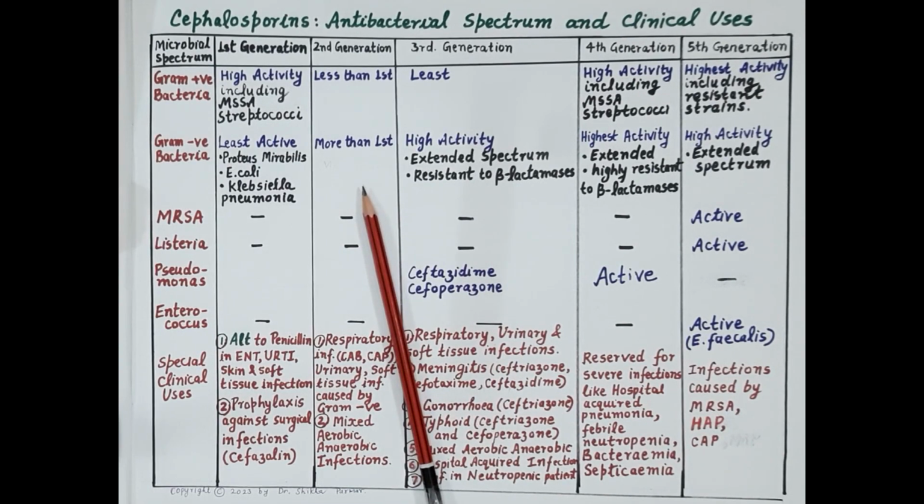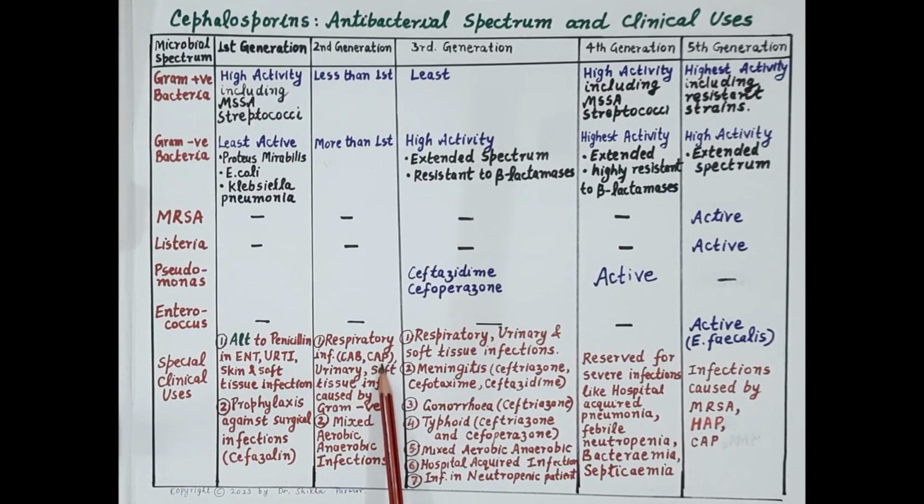However, cefuroxime is often used to treat respiratory infections like community acquired bronchitis, then community acquired pneumonia, that is CAP. Other indications are infections like urinary and soft tissue infections caused by gram-negative bacteria.